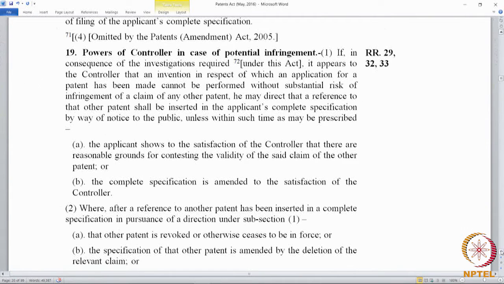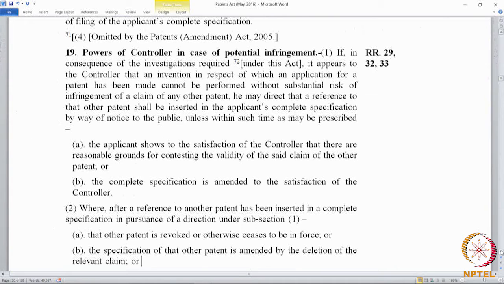If somebody does these 5 acts without the consent of the patentee, we call that infringement. The acts mentioned in section 48 committed by a third party without the consent of the patentee. If it is with consent, it is called license. If it is done without the consent, then we deem that to be infringement.